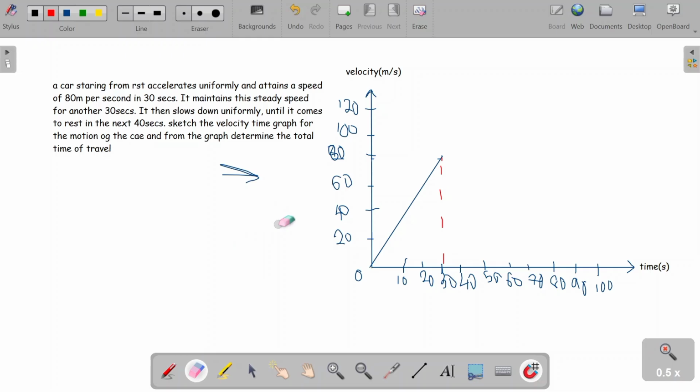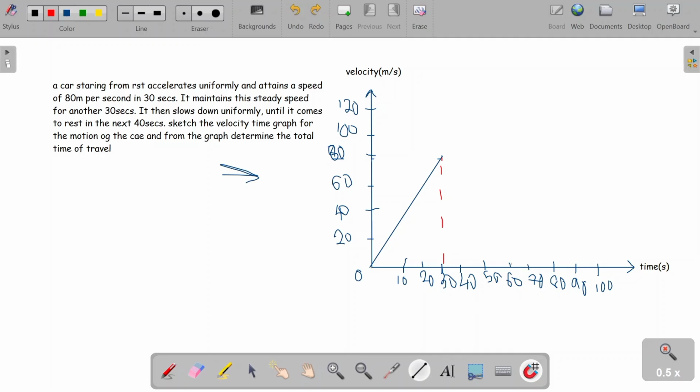so afterwards he maintains this speed for another 30 seconds. So it's not like he went from here and then jogged for another 30 seconds. No, he said he maintains the speed for 30 seconds. So another 30 seconds, that's from 30, 40, 50, 60. 30 plus 30 will give you 60.